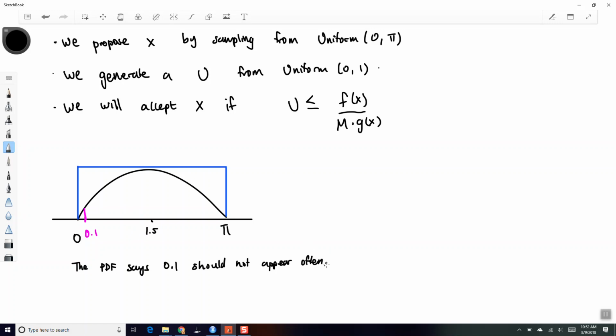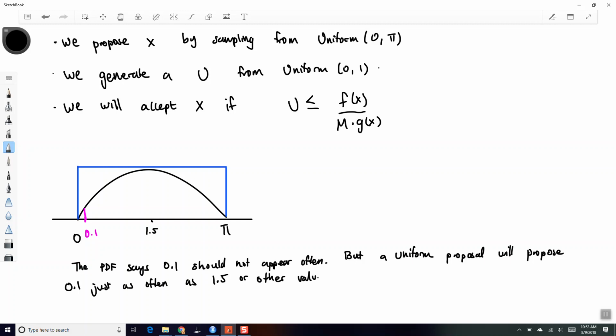So a uniform proposal will propose 0.1 just as often as 1.5 or other values. Okay, all of the values are equally likely.